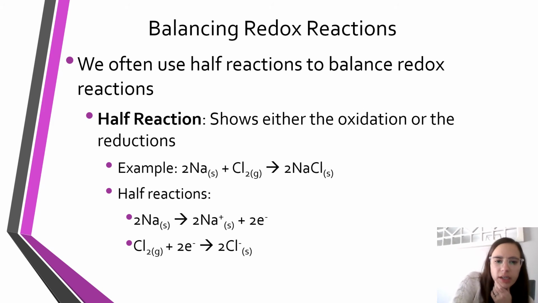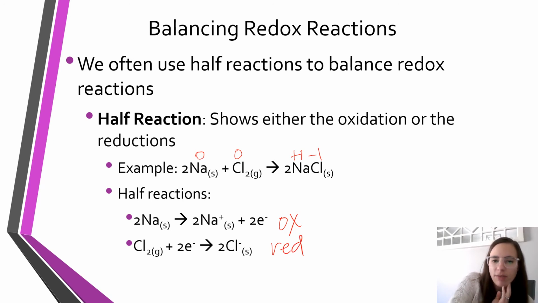So we see that for sodium, it is going from 0 to +1, so it lost electrons, so that's the oxidation reaction. And then chlorine, which went from 0 to -1, gained electrons, or in other words, was reduced.